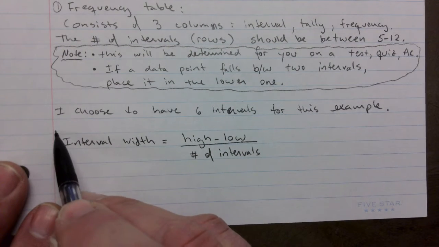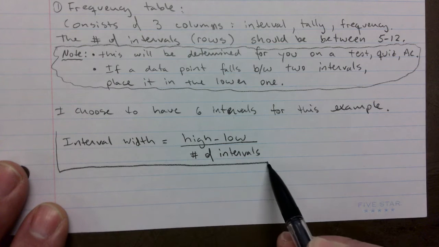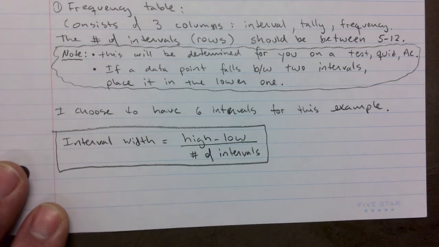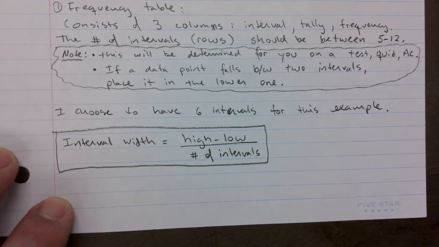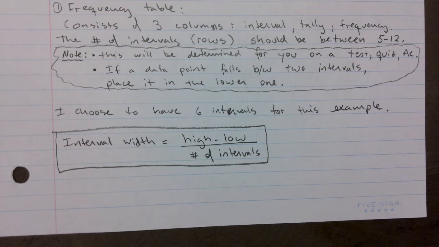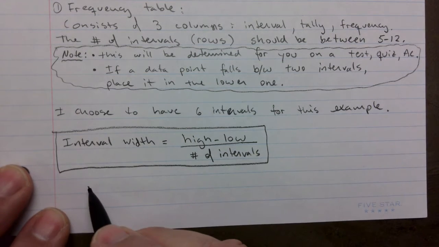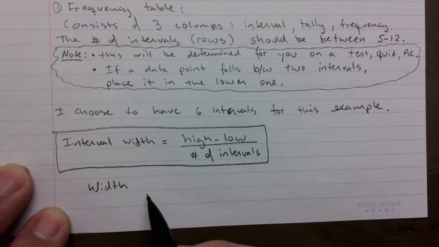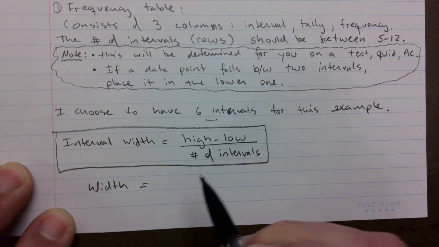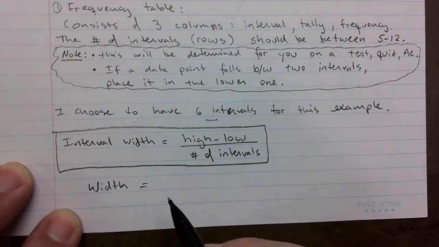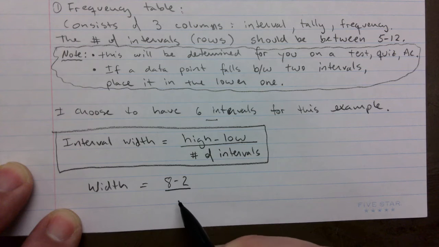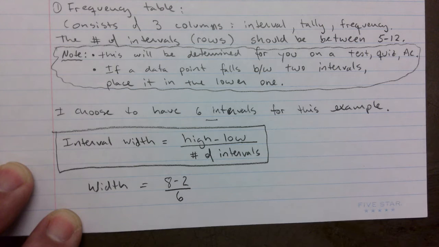This is how I come up with the interval width. The width of each bar could be 5%, 10%, 2 hours, 3 hours, it depends. In this case, if I choose 6 intervals, high minus low, I already figured out, is 6.